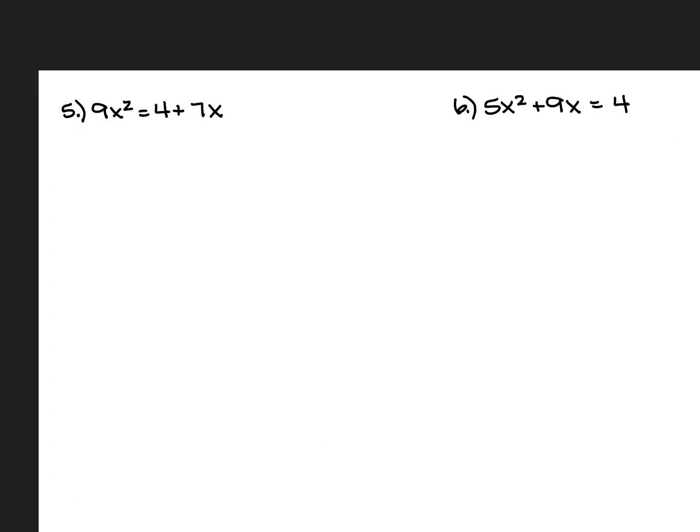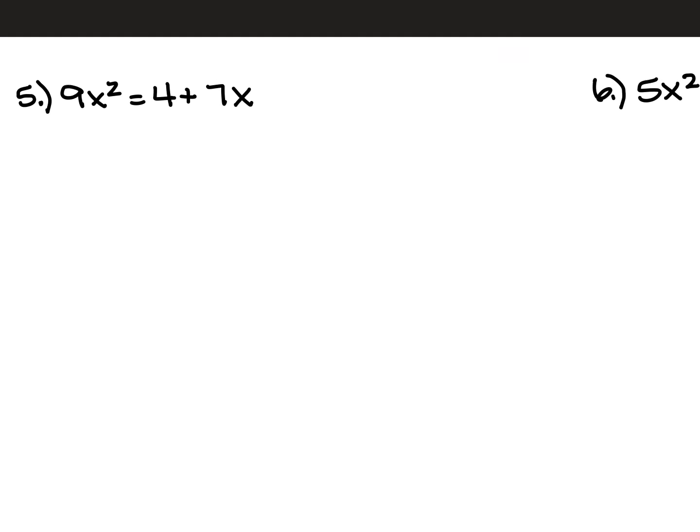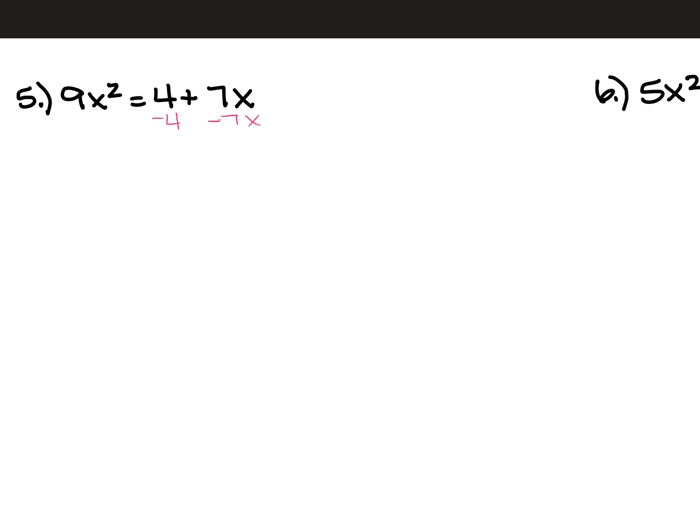For your next example, you're given 9x squared is equal to 4 plus 7x. You got to move that 4 over by subtracting it from each side. Same thing with that 7x. So that's going to give us 9x squared minus 7x minus 4 is equal to 0.